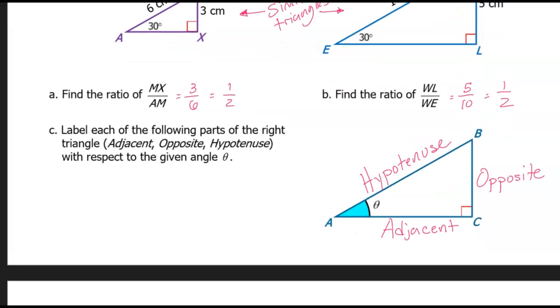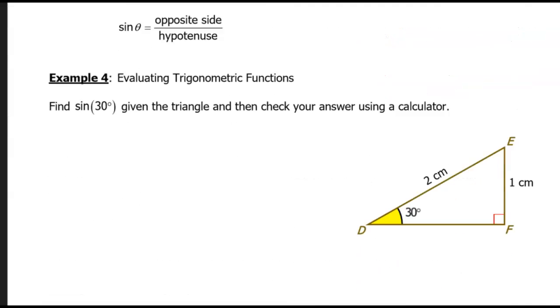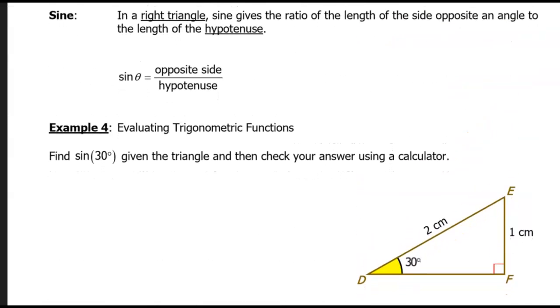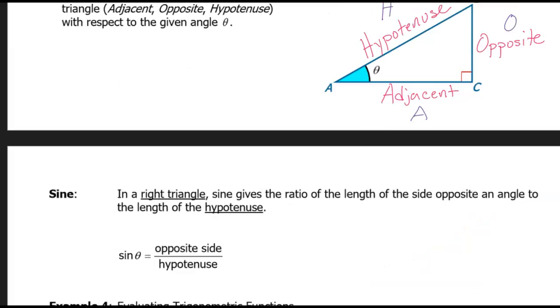And of course, when I'm labeling my triangles, I don't write these full words out. I just label with H, O, and A. So how do you know which one's opposite?